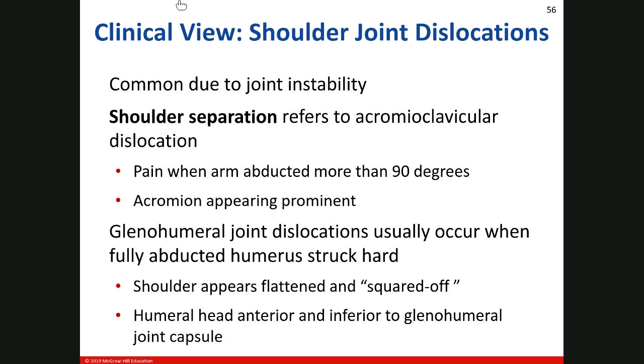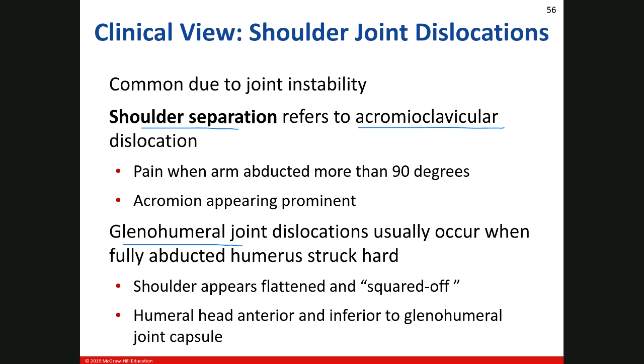So a couple of things when we're talking about a shoulder dislocation. Remember, we just went over 3 different joints that are part of the shoulder, so it depends on which one we're talking about. When we talk about a shoulder dislocation, usually we're talking about the glenohumeral joint. When we talk about a separation, like, I got a separated shoulder, most of the time we're referring to the acromioclavicular joint.